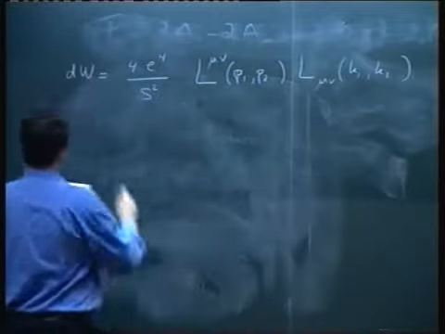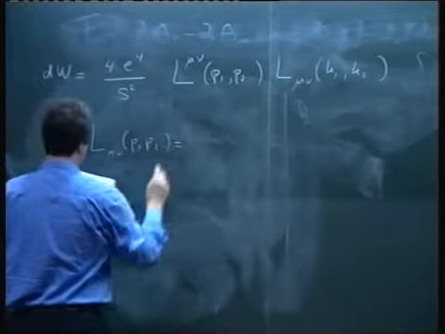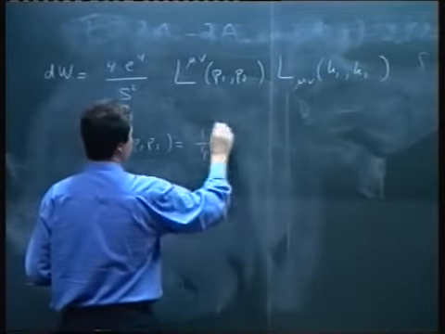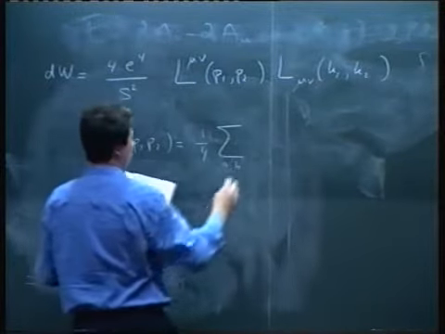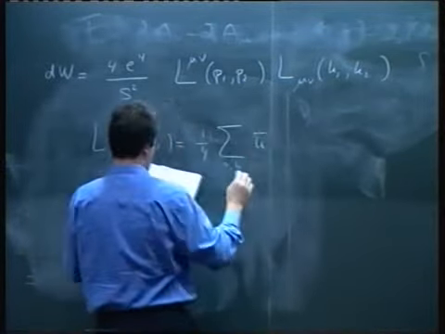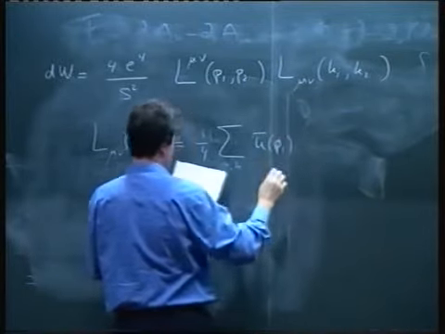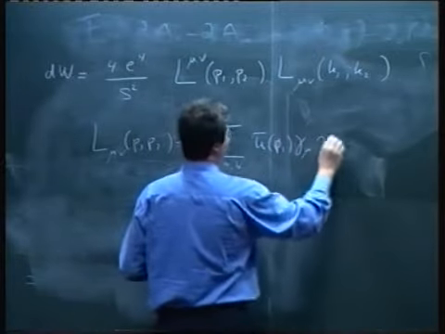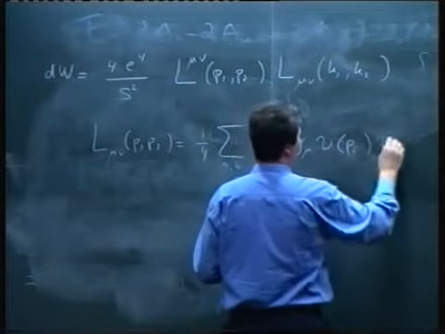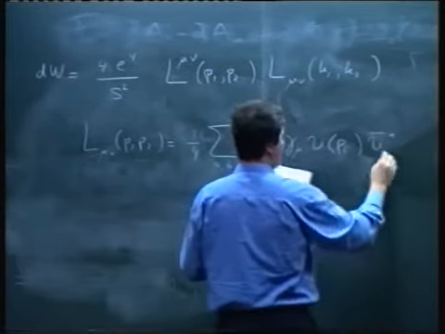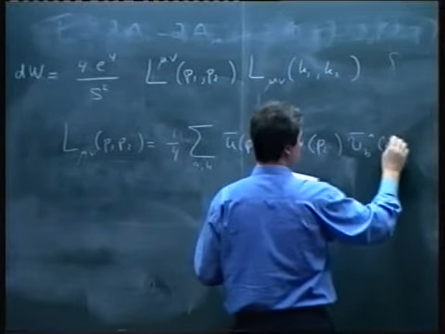For this function, L^μ(p1, p2) is actually 1/4 of the sum over A and B of... I'll first write it down and then explain where it comes from.